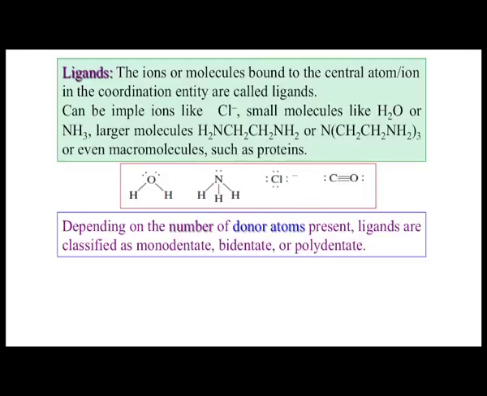So, there can be small ions or molecules which are able to bind to the central metal ion, like the chloride ion we just discussed, and small molecules like water, when we use water as a solvent for the preparation of any solution, or when we add a dilute solution of ammonia as the base. And some larger organic molecules, or sometimes even macromolecules, can also be ligands.